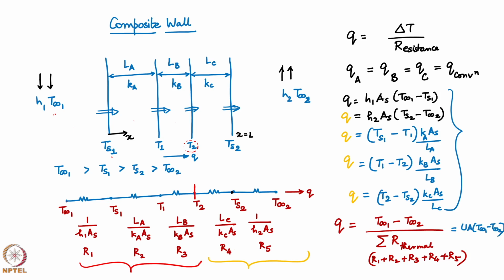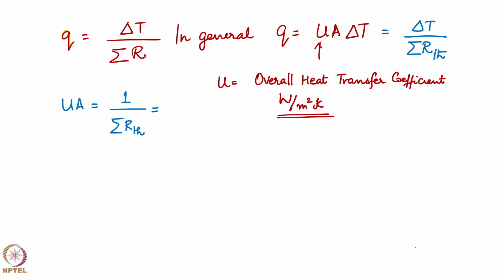I will tell you what this A would be. U into A, some number 100, what are the factors for 100? 100 into 1, 50 into 2, 25 times 4, 20 times 5, 10 times 10, 33.3 times 3. But if this is anchored, this U A is nothing but the summation of the thermal resistances. The summation of the thermal resistances is your overall heat transfer coefficient times area.